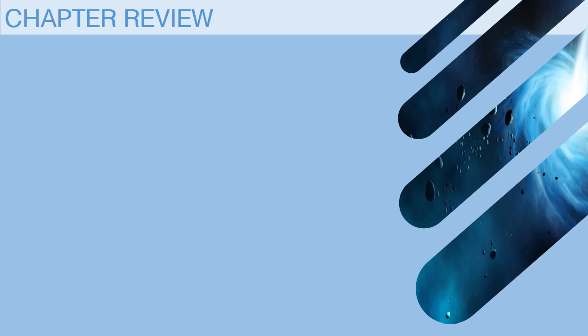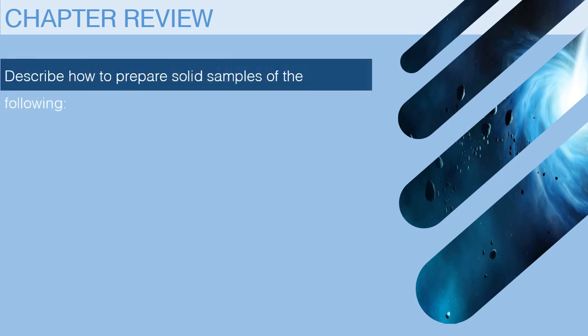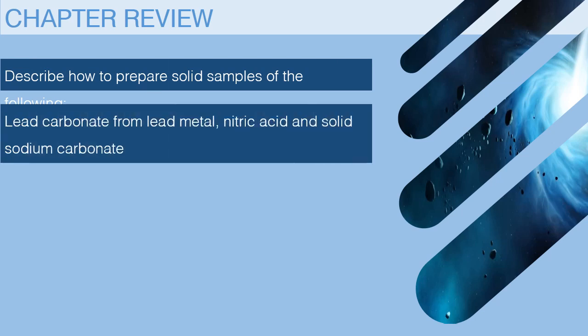Again, we come to the close of this chapter. We've been used to reviewing chapters, but this time you will review it yourself. Describe how to prepare solid samples of the following: lead carbonate from lead metal, nitric acid, and solid sodium carbonate.